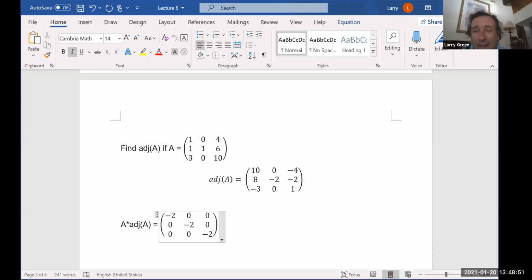So hopefully you all got that matrix. Any questions on that? When you multiplied A times the adjoint of A, or adjoint of A times A, you'll get the same either way.